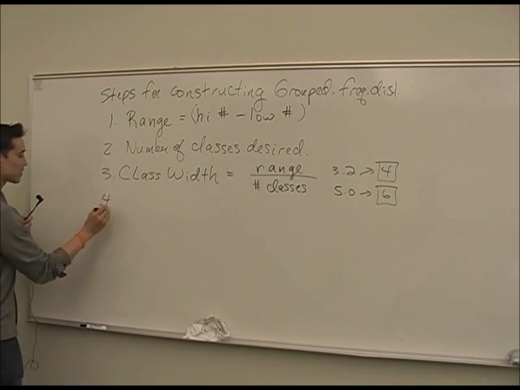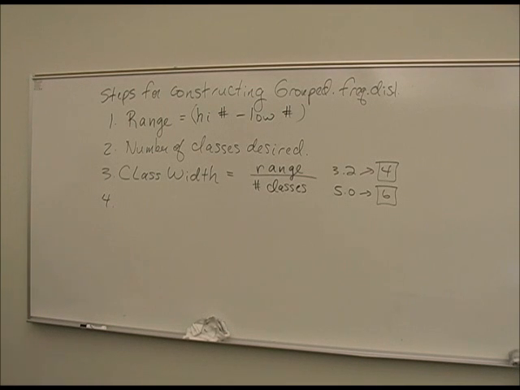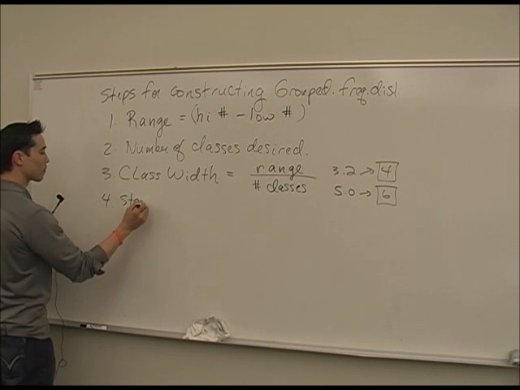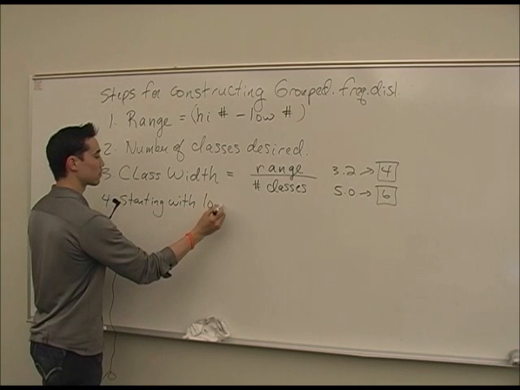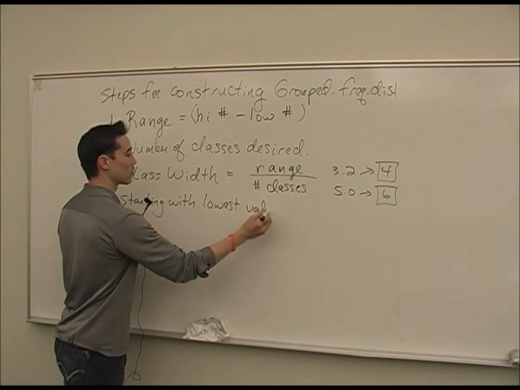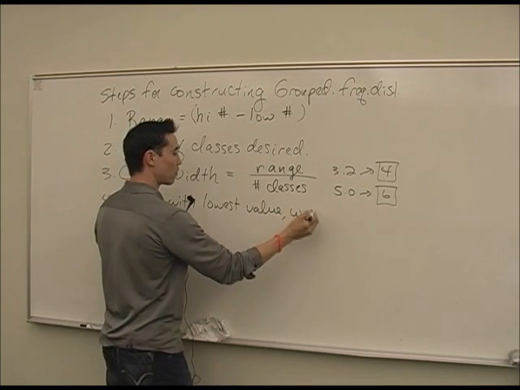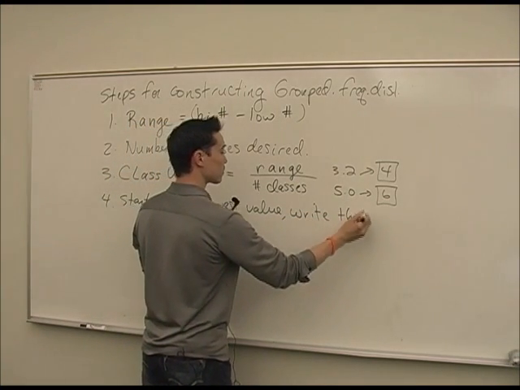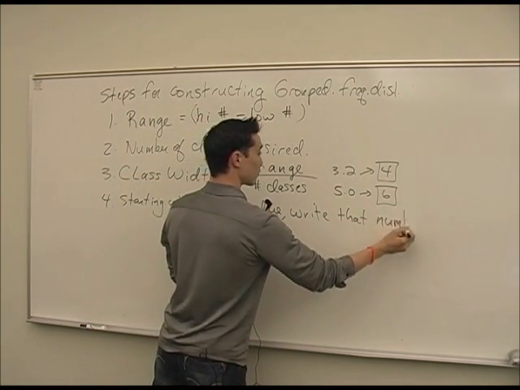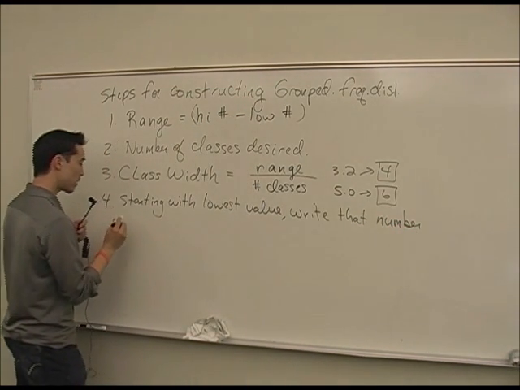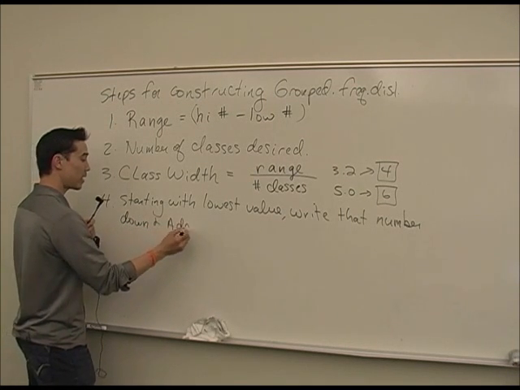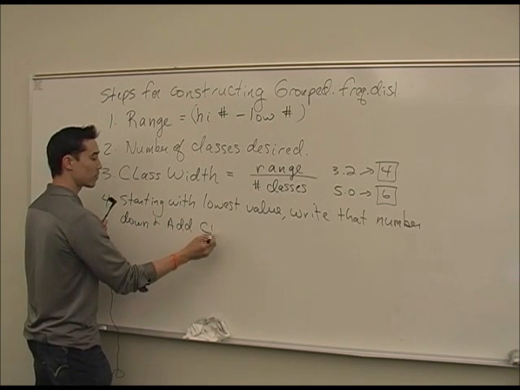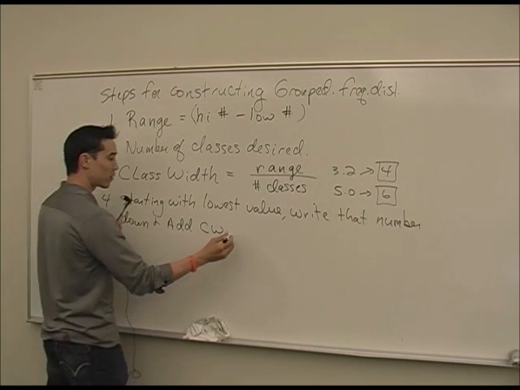That moves us to step 4, and there are 7 steps. Starting with the lowest value, write that number down, and add your class width, which I'll abbreviate CW, vertically.